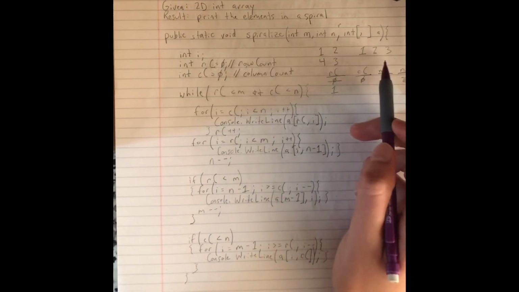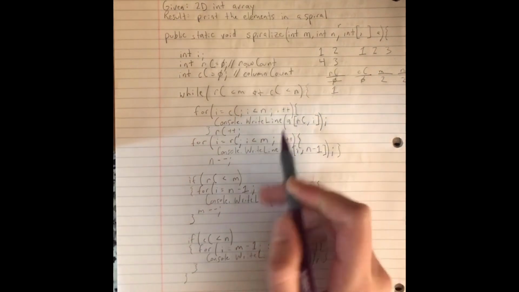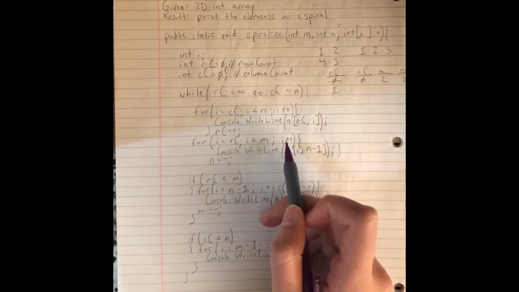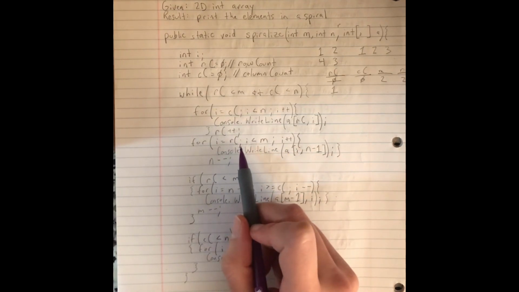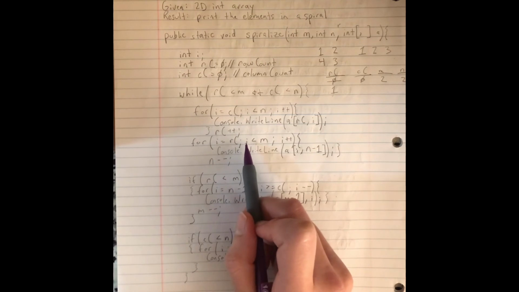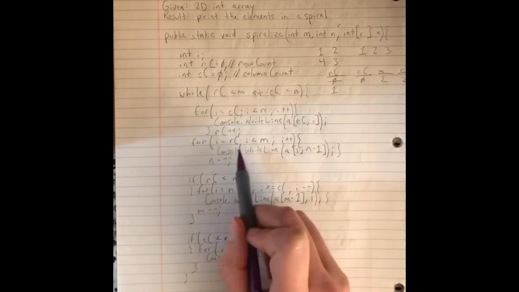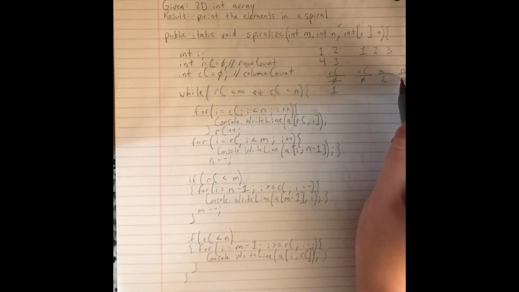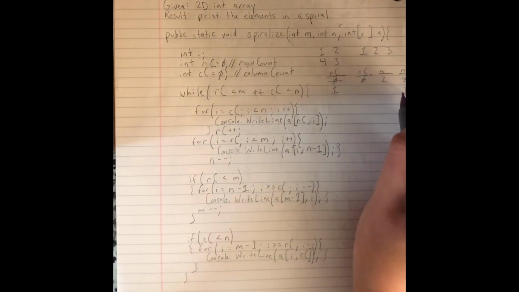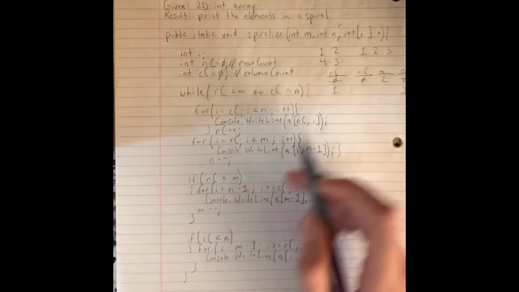And we'll try to increment I, but if we increment I, 2 is not less than 2, so we have to exit out of this for loop and decrement n. So now n is 1. So far we've printed 1, 2, and 3.